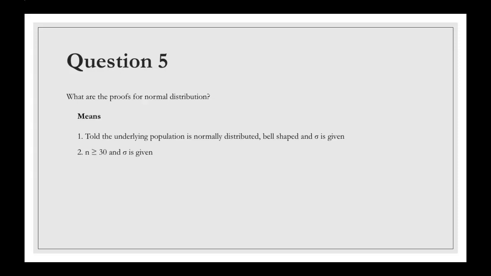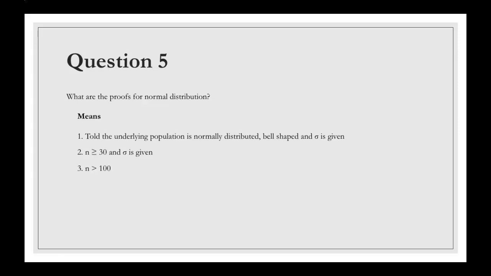And if you can't make any of these proofs work, then you have to use a t-score. So proof number 3 is n is greater than 100. Right? If you take a large enough sample, your population can act like it's normally distributed.